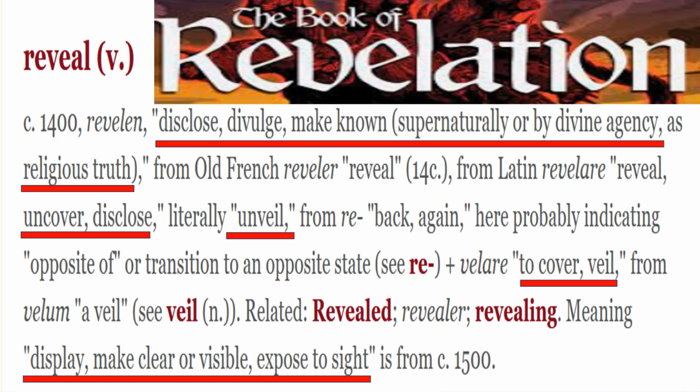So it's the antithesis of Lot. It's about disclosing, divulging religious truths, uncovering things, unveiling things. And so very specifically, the book of Revelation is the antithesis of Lot, or Lot is the antithesis of this book of Revelation.